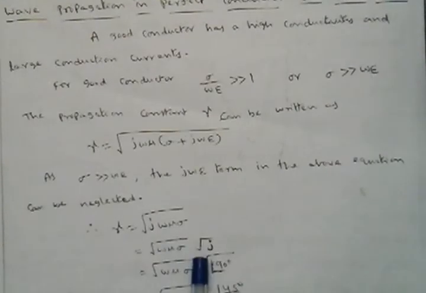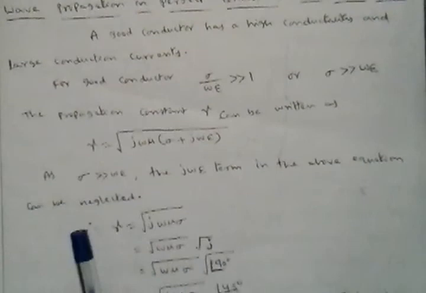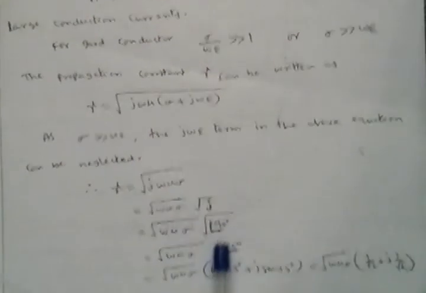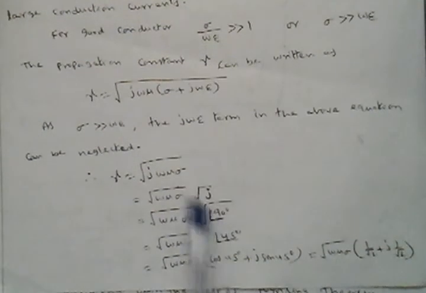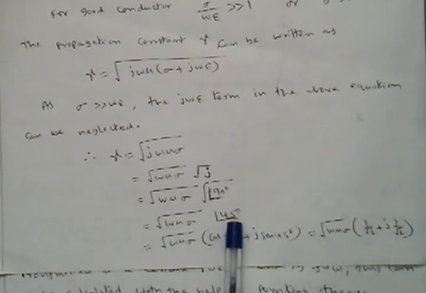Now write j separately and the remaining terms separately: square root of j omega mu sigma. The square root of j is the square root of 90 degrees, which is 90 divided by 2, that is 45 degrees.